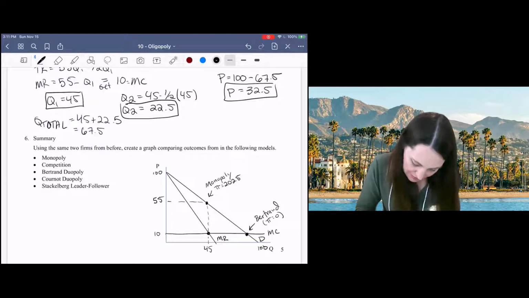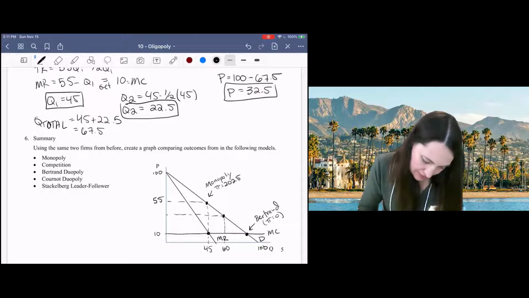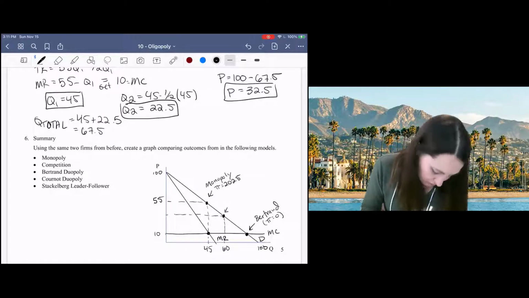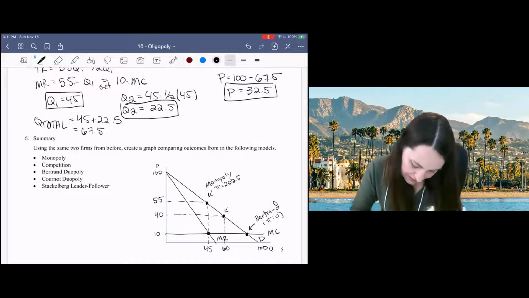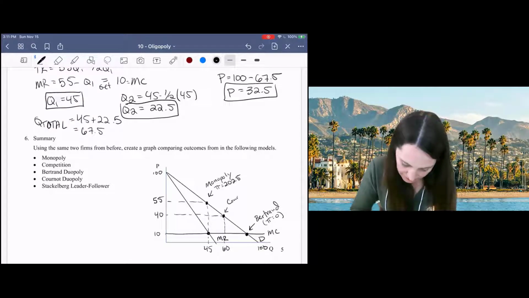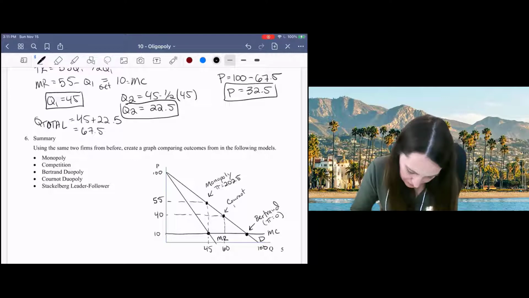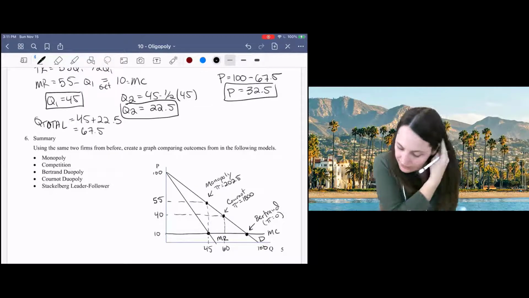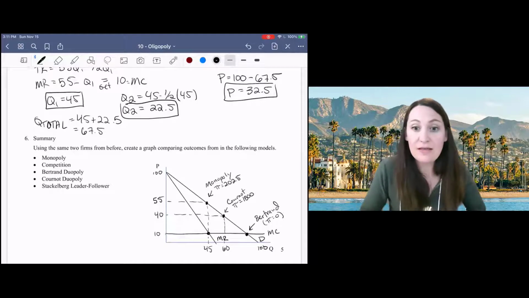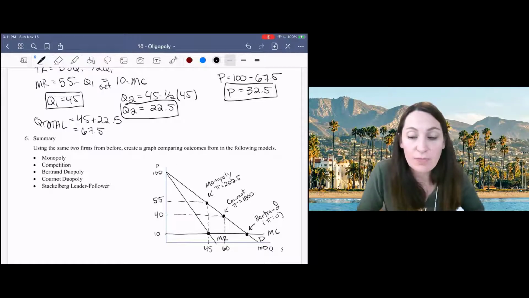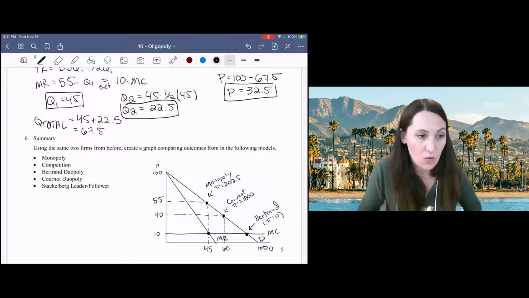Cournot was 60 total, 40 price, and each firm earned 1,800. And then in this model, the firms are going to earn different amounts of profit because they're producing different quantities.